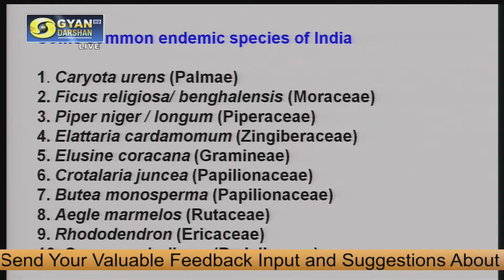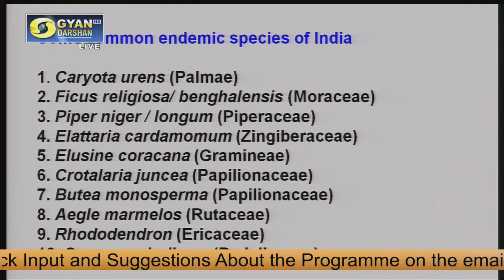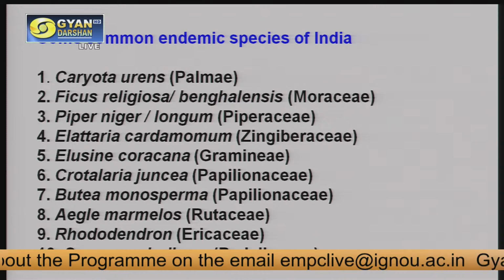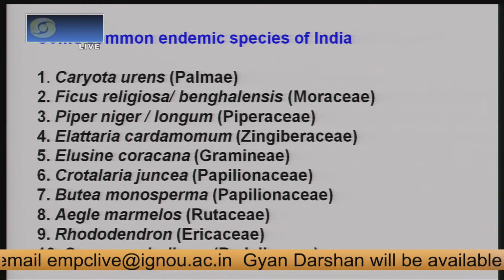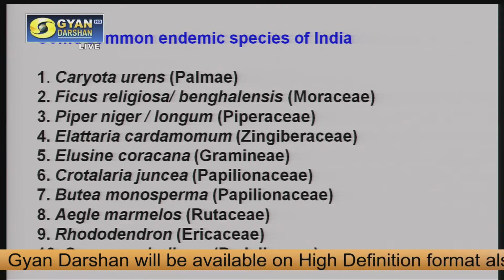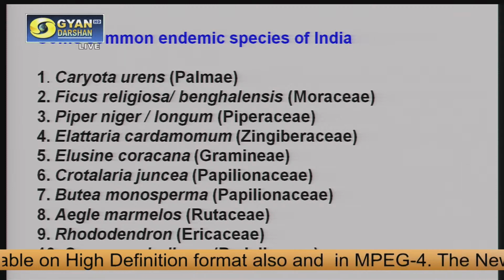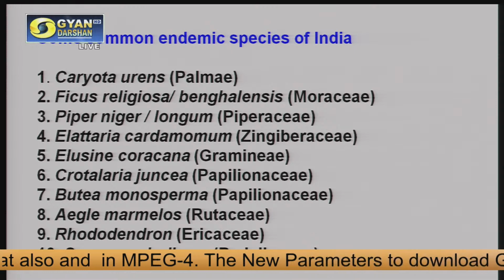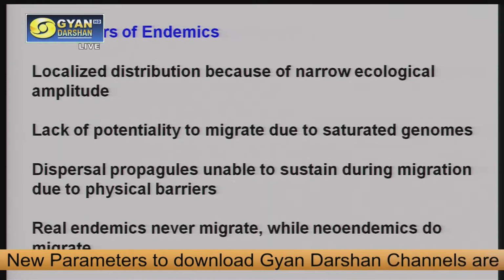Now, these are some of the common endemic species which are available in India. Caryota urens, Ficus religiosa or bengalensis, which we commonly call peepal tree, Piper nigrum or Piper longum, Elettaria cardamomum, Eleusine coracana, Crotalaria juncea, Butea monosperma, Aegle marmelos, Rhododendron, Sesamum indicum. So these are some of the very common endemic species, and many of them have much economic importance as well.